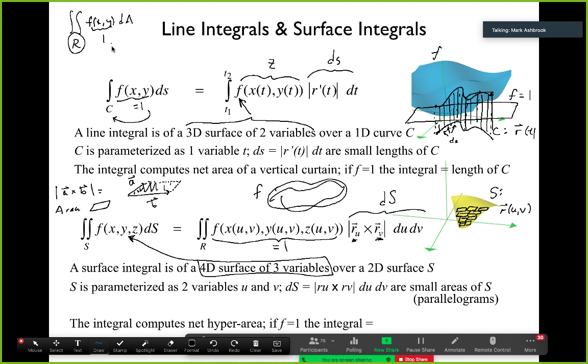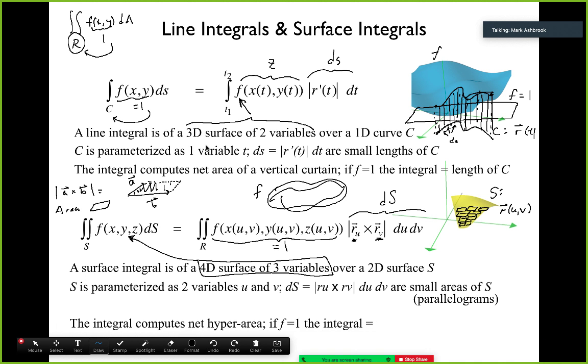If this function was 1, we got the area of the surface. Volume was a decent choice, but there's no solid, right? We're integrating over a surface, not a solid. So yeah, if you let f equal 1, then just like the other things, you're going to get the area of that yellow patch.